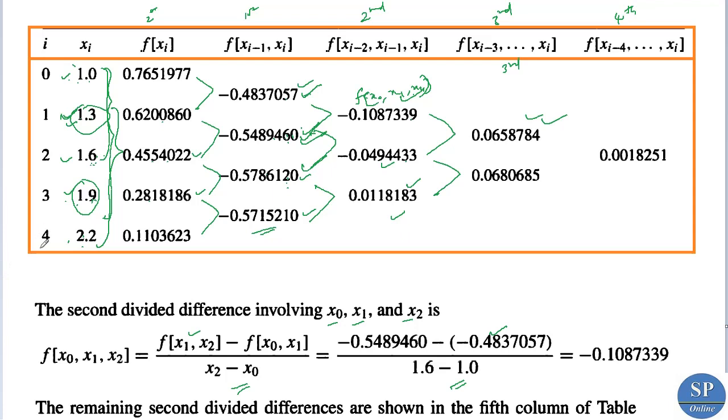We have only five values: x0, x1, x2, x3, and x4. So the last divided difference will be the fourth one. The fourth divided difference will be obtained by using these third divided differences. This minus this divided by 2.2 minus 1.0, that is x4 minus x0.